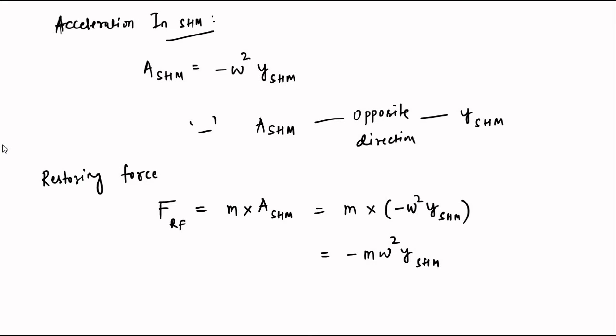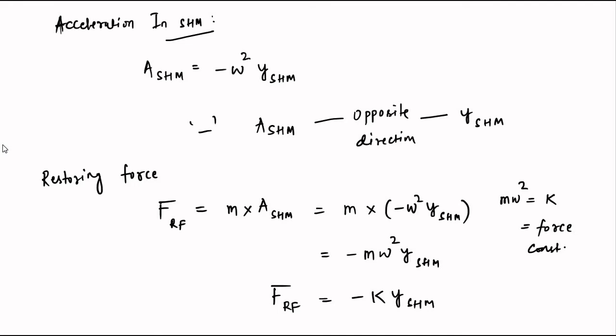Now this parameter m omega square is called k, the constant of proportionality, also called the force constant of the system. So we can write the restoring force as minus k y SHM.